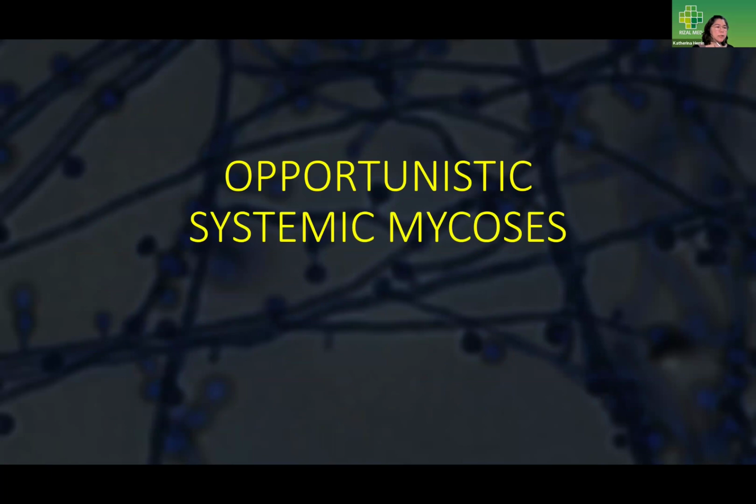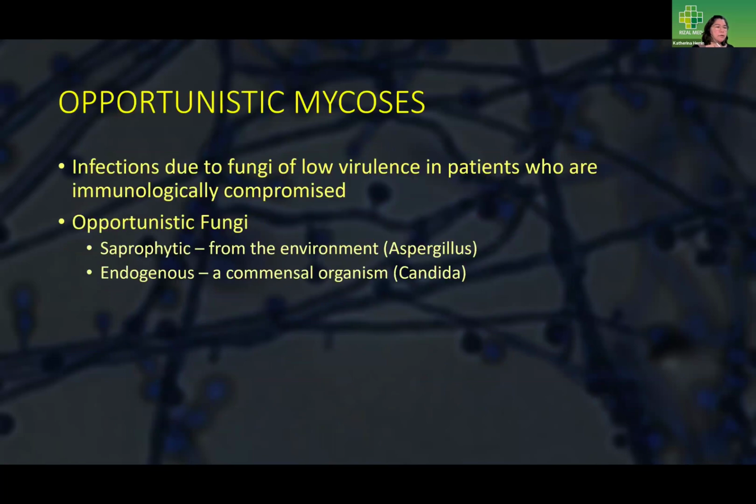We now go to opportunistic systemic mycosis. Development of opportunistic infections is determined by the underlying predisposing condition of the host. Candida and related yeasts are endogenous opportunists since they belong to the normal mammalian microbiota.